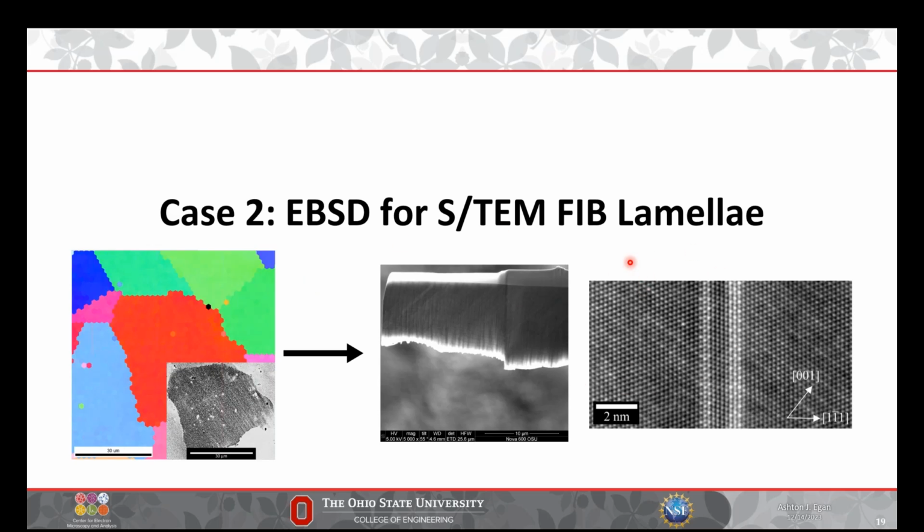And just to give a quick preface here, if you don't know much about TEM and atomic resolution analysis, you basically want very, very thin foils, something along the lines of maybe 50 nanometers, if not thinner, if possible.